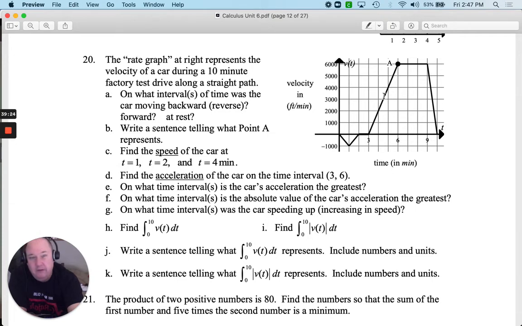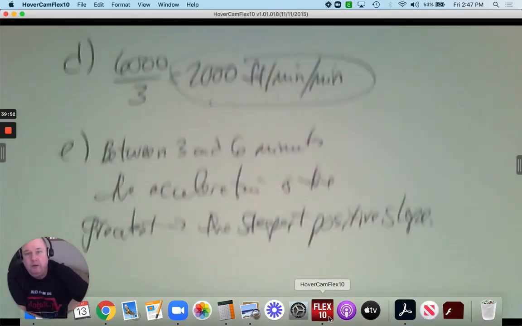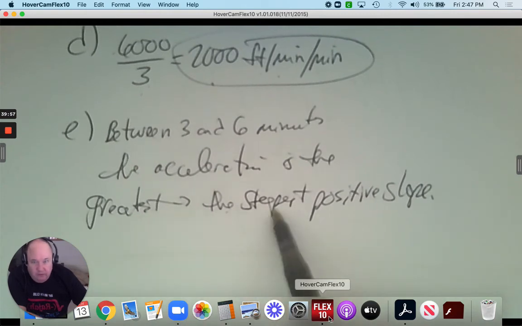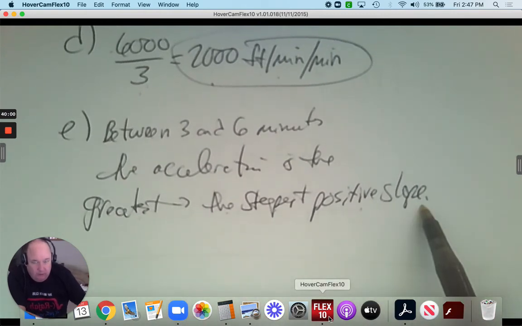Between 3 and 6 minutes, the acceleration is the greatest because it's the steepest positive slope.